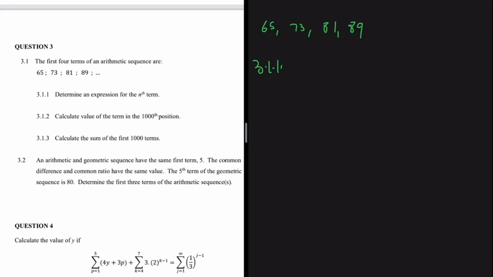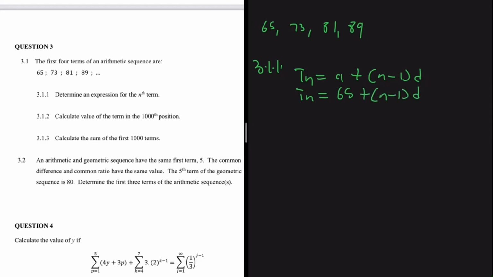We know fully well that for an arithmetic sequence, the general expression is given as Tn is equal to a plus n minus 1 multiplied by d. So a is always the first term, right? So at this point, we know that Tn is equal to 65 plus n minus 1 multiplied by d.